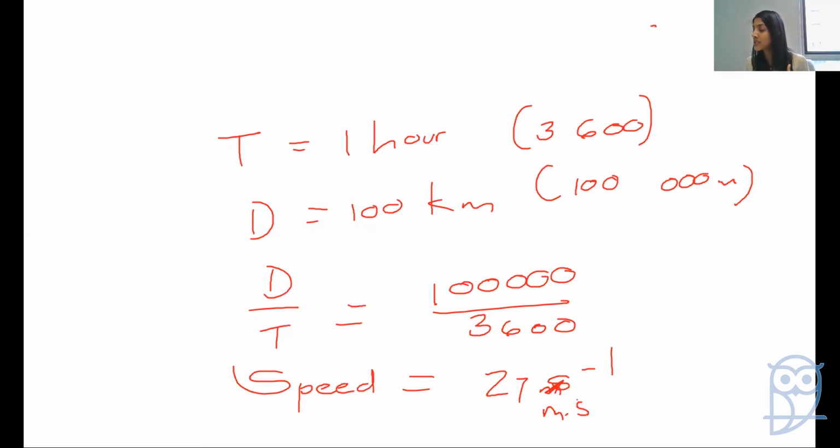Okay, it says the second family sets out on the same journey by train. They leave at 10:30 and arrive at noon. Show this journey on your graph. So a second family is now traveling on the same trip. They're on a train, not in a car, and they want you to show this journey on your graph. So when you show this journey on your graph, what will it look like?